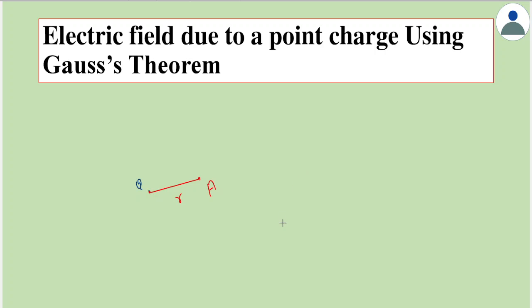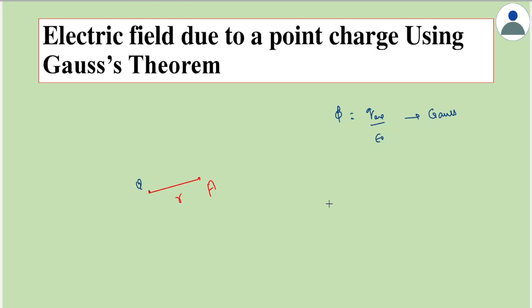What we can do here is choose a Gaussian surface. Recall that Gauss theorem tells us the total electric flux is equal to the charge enclosed divided by epsilon naught. This is what the Gauss law tells us.